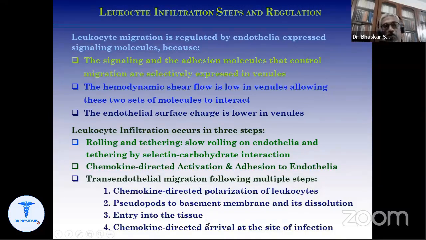Once they enter the tissue, again they move along the gradient of chemokines and arrive at the site of infection. So that is how, when a pathogen infects a tissue, the inflammation starts. And inflammation, one part is, as we have seen, leukocyte migration, and this is how the leukocytes migrate through the endothelial cells from the vessels, blood vessels, to the site of infection.